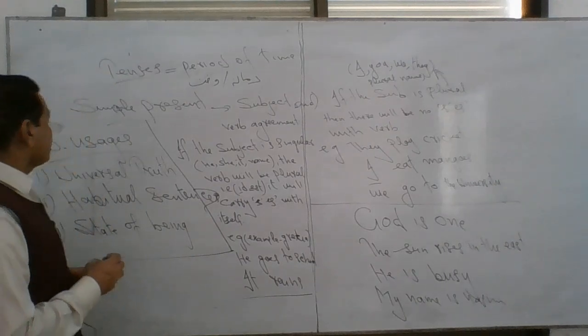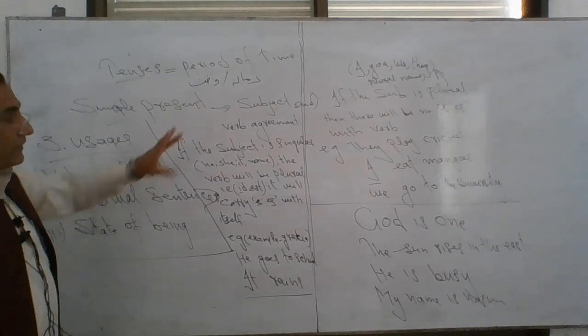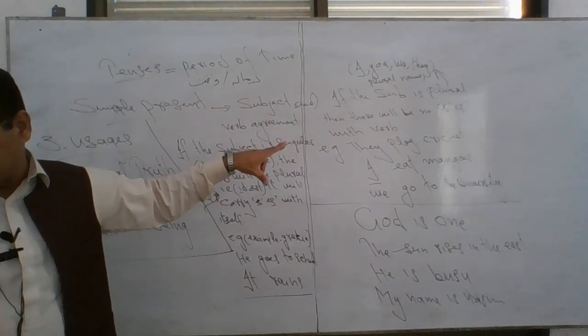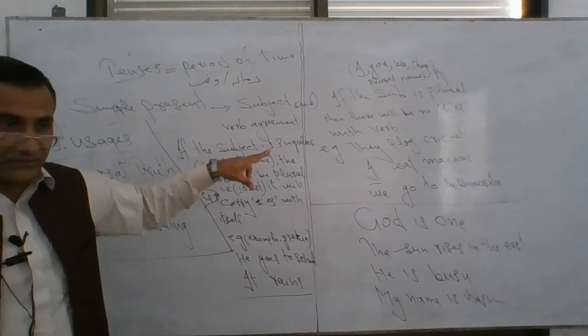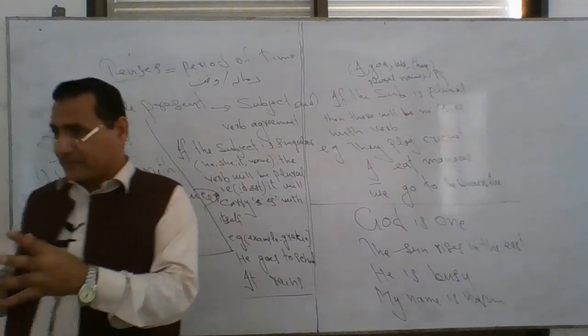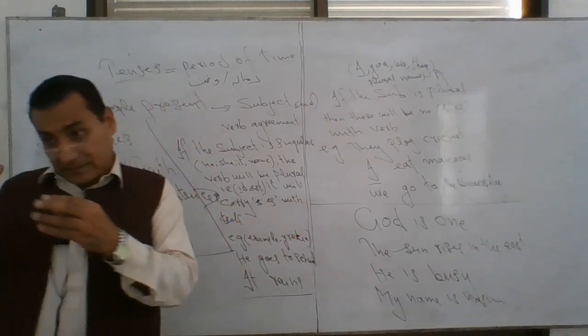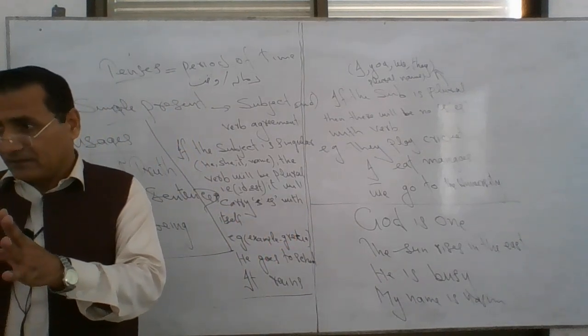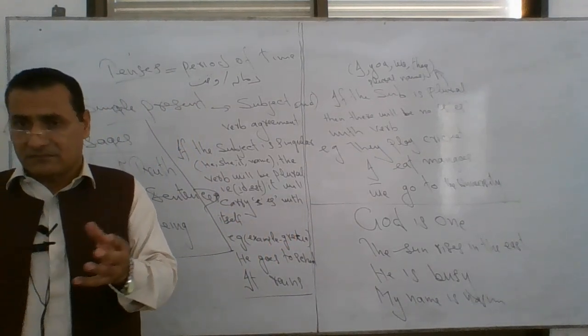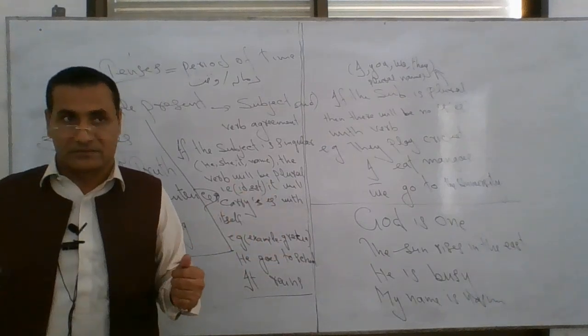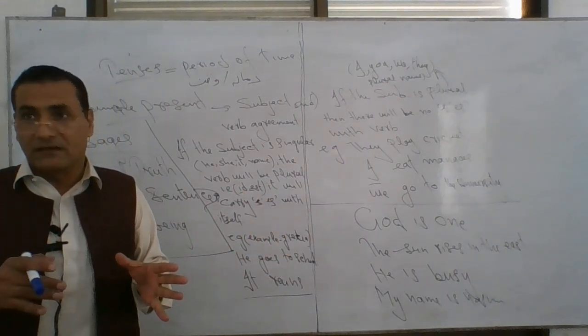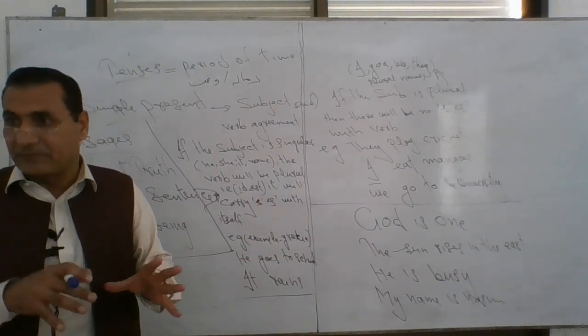Now, another thing, negative and interrogative of this tense. The same thing is there. If the subject is singular, there will be does. That is, we are borrowing from outside, because that very helping verb is not present.